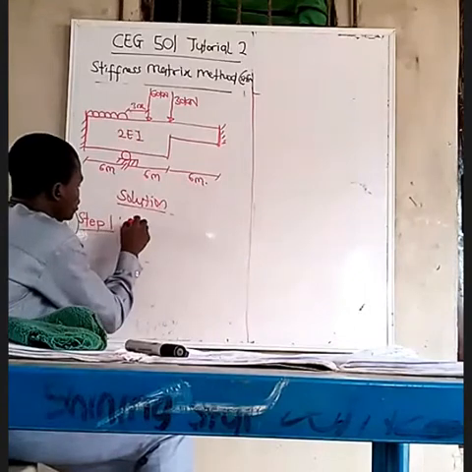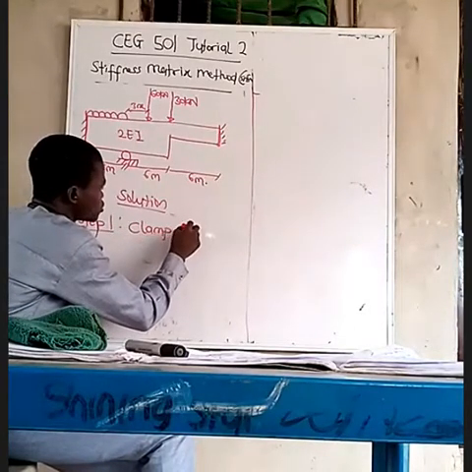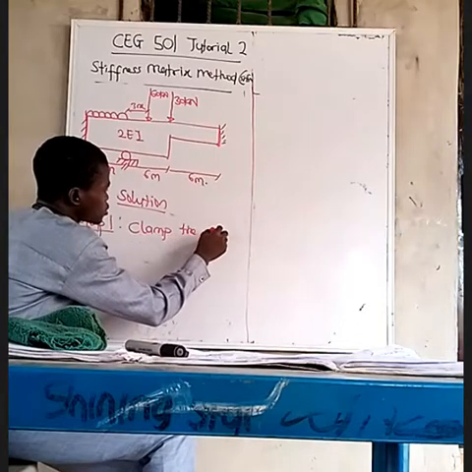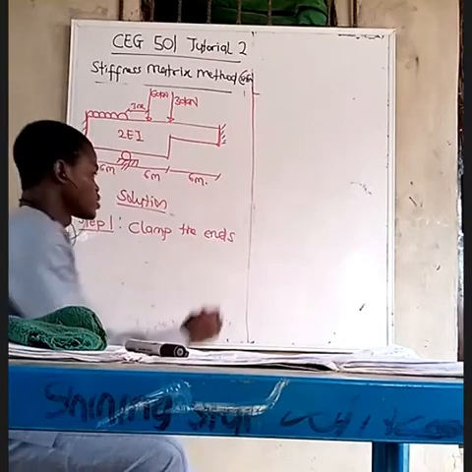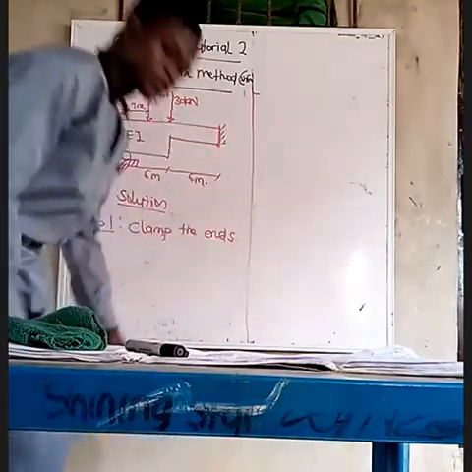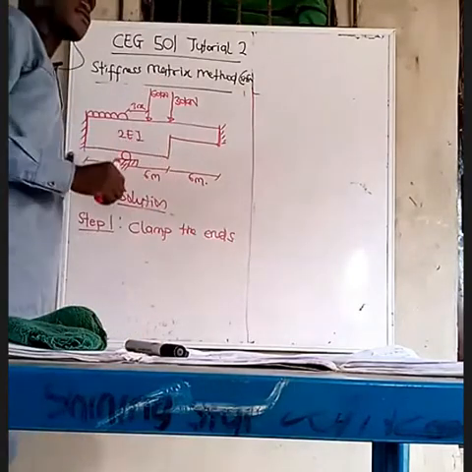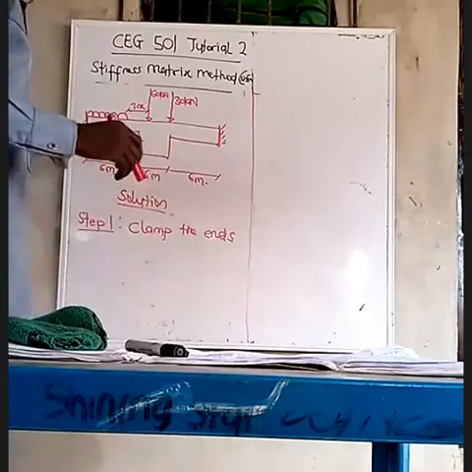So the step one, clamp. We can't call it ends, but I will explain what it is to you now. When we're deriving, please pay attention. It's very easy for you to get confused here.